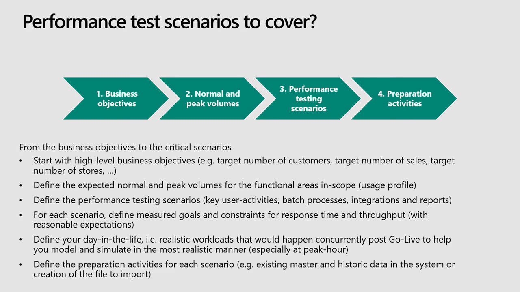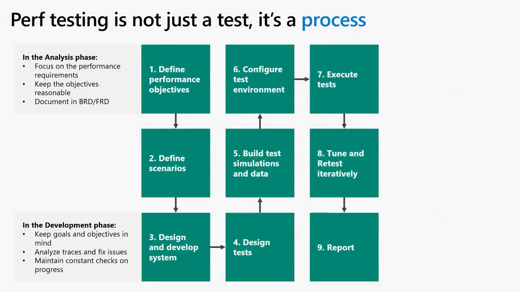Do not try to cover all your processes from a performance point of view. This doesn't make sense. Most of the accessory features are used by just one or two users and will never present any issue from a performance point of view. You should focus on what you think is a real potential risk from a performance point of view.